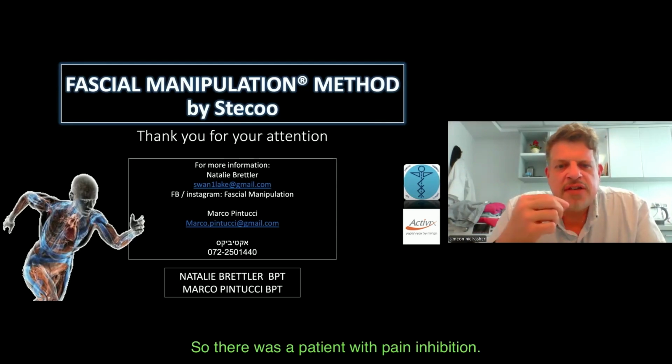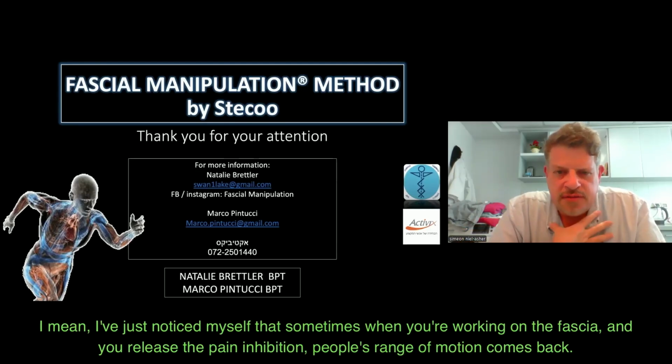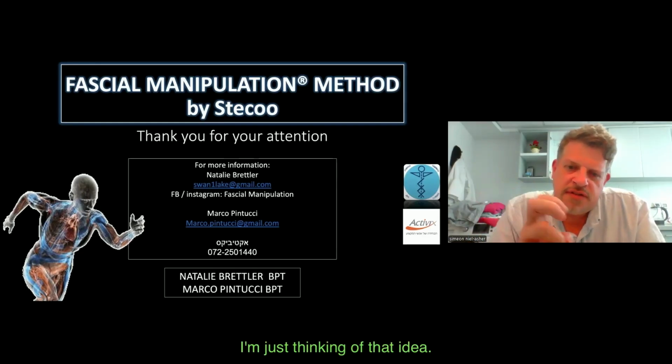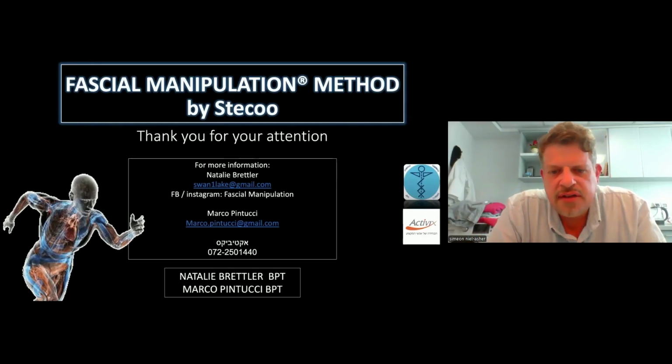I've just noticed myself that sometimes when you're working on the fascia and you release the pain inhibition, people's range of motion comes back. And I would say that that's more of a central reflex rather than a local tissue effect. I'm just thinking of that idea.